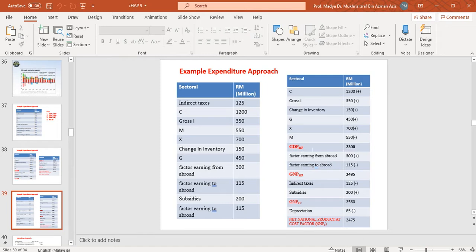You can see from this data set how you calculate GDP, how you calculate GNP, and how you calculate GNP at factor cost, meaning you subtract tax and add subsidies. And finally, how you arrive at NNP, net national product, using the expenditure approach.